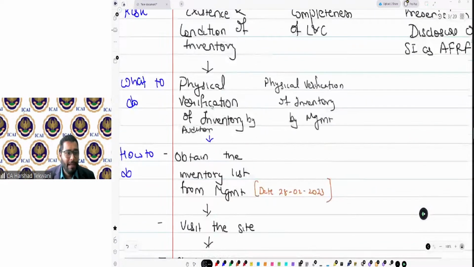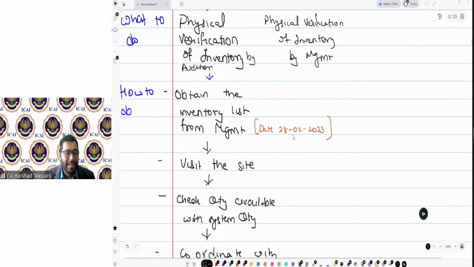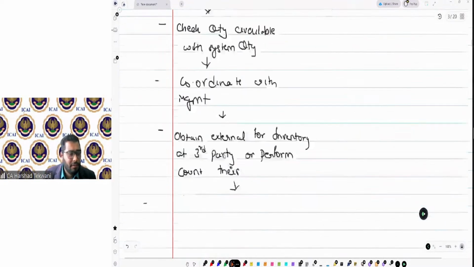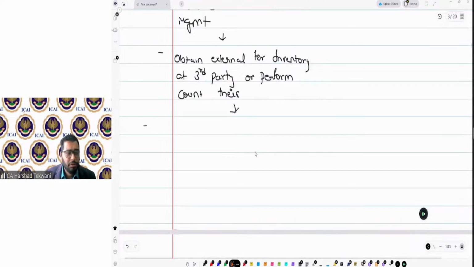So I am saying the date of count is 28/2/2023. Your financial year is FY 22-23 for which you are auditing. Does this make any difference with respect to the physical count? Good, Geeta.